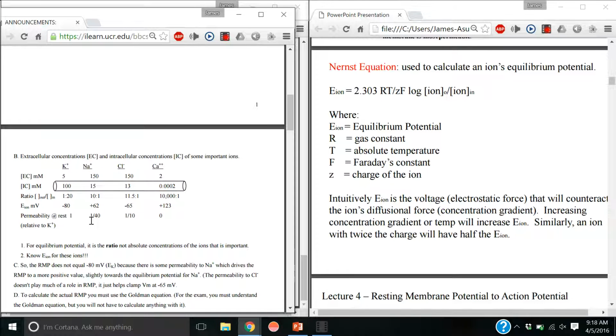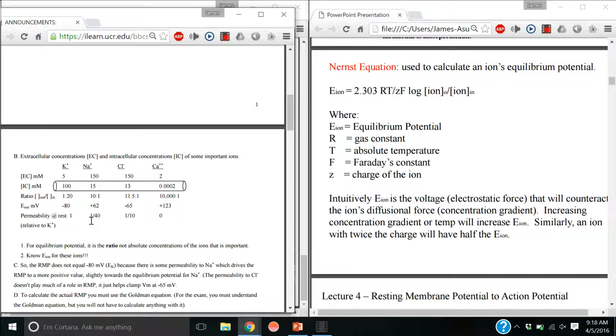The equilibrium potential for chloride at these concentrations, I keep saying these concentrations because the equilibrium potential is a function of the concentration of the ion, is minus 65 millivolts, which just happens to be the resting membrane potential, even though chloride plays very little role in setting the resting membrane potential.